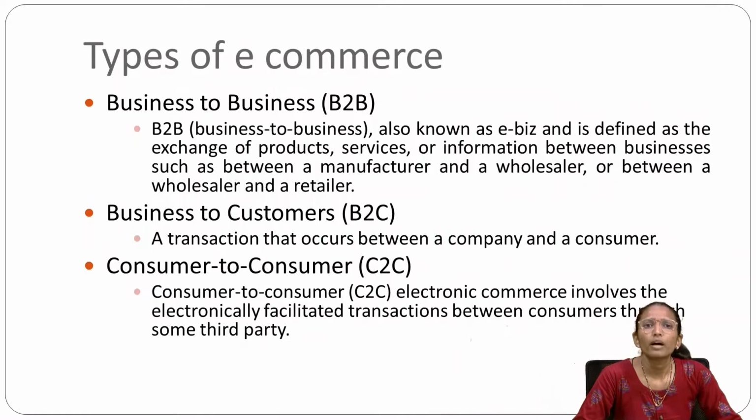Consumer to consumer electronic commerce involves electronically facilitated transactions between consumers through some third party. A common example is an online auction in which a consumer posts an item for sale and other consumers bid to purchase it, and the third party generally charges a flat fee or commission.